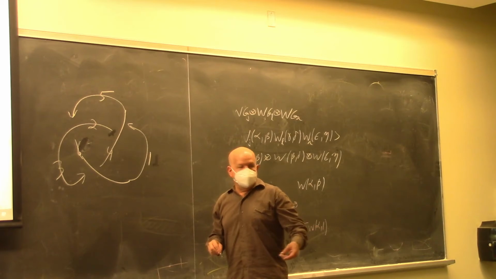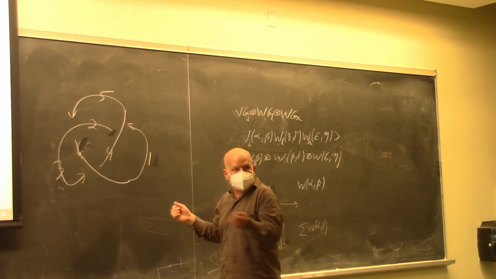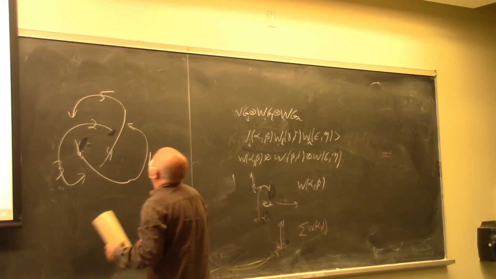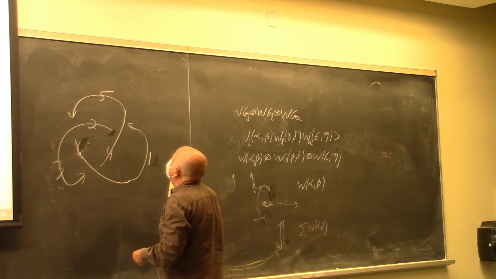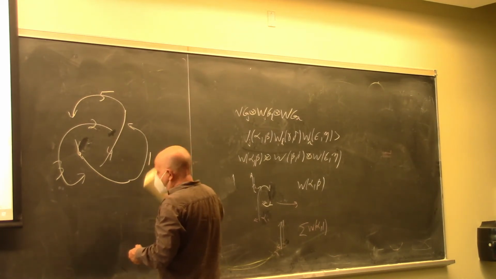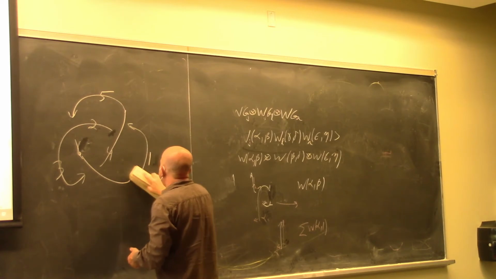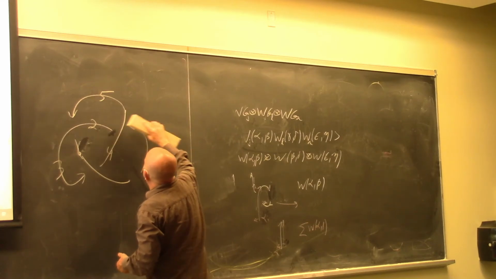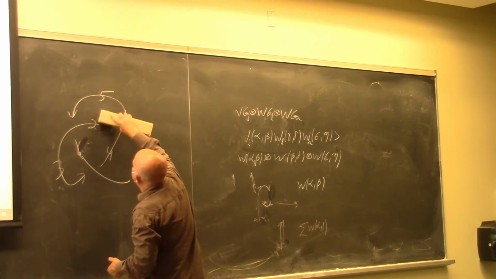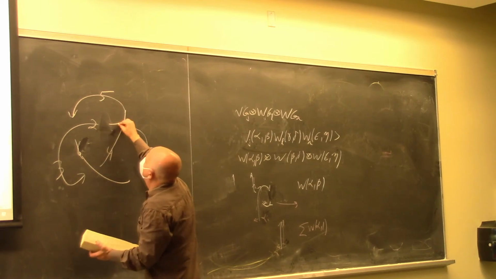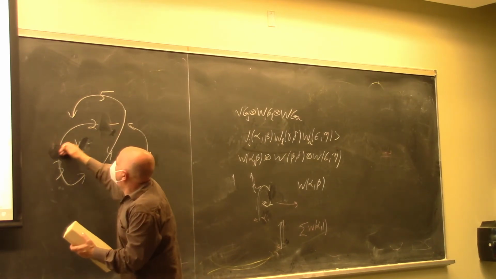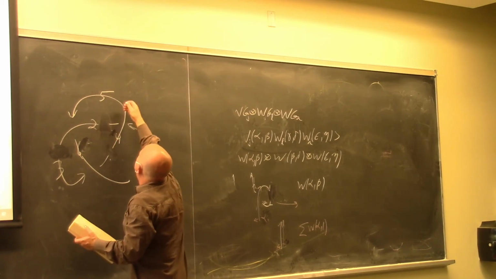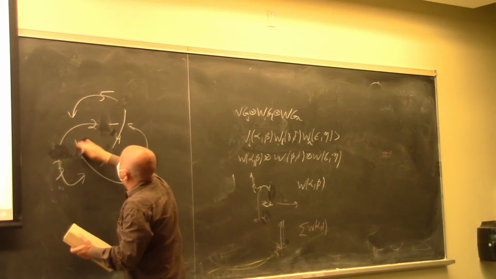So how does the computation go? First of all, I cut it completely. I cut before each label. So I cut here and here and here and here and here and here.